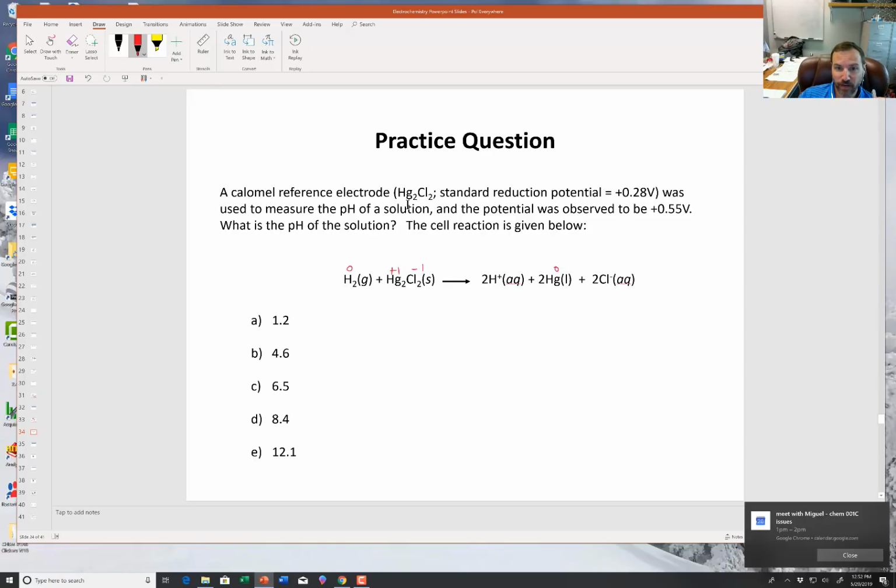And the half reaction of mercury chloride forming mercury 0, that potential is 0.28 volts, so plus 0.28 volts for that half reaction.